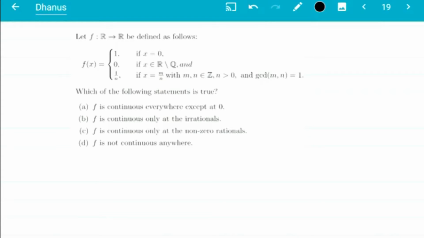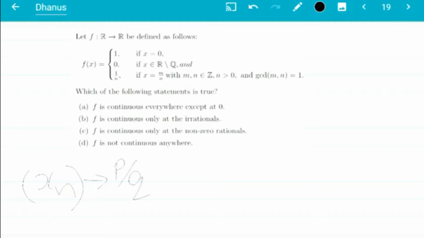Let's check whether this function is continuous at rational numbers. For any rational number, I'm considering some p by q. I can find a sequence of irrational numbers, xn, that converges to p by q.